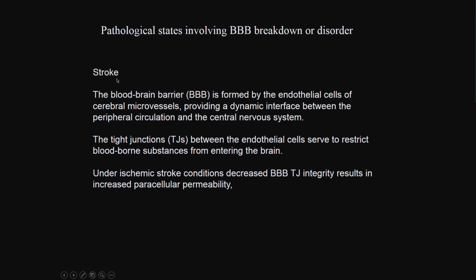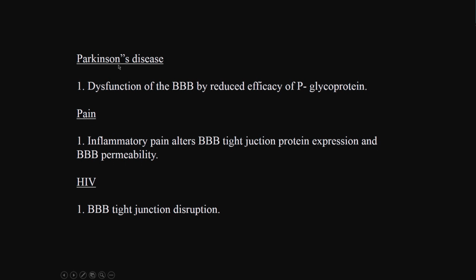Stroke is one. Parkinson disease is another: dysfunction of the BBB by reduced efficacy of P glycoprotein. That means the efflux pumps do not work very efficiently, so whatever material comes inside does not get thrown out. Pain: inflammatory pain alters BBB tight junction protein expression. It affects the protein expressions and also the BBB permeability.